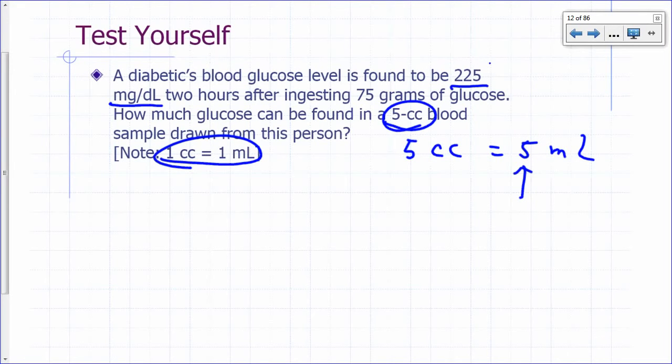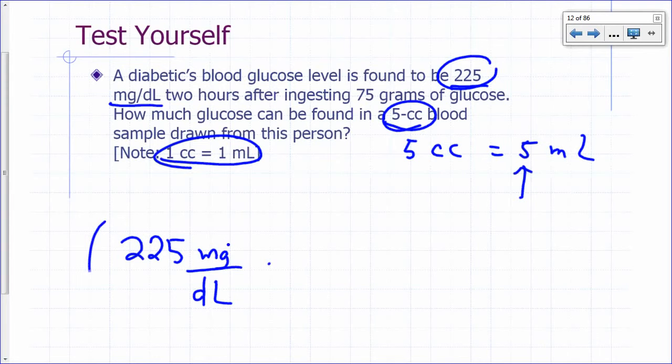So if your glucose level is 225 milligrams per deciliter, all you have to do is multiply that by deciliters. How many deciliters do you have to get the actual milligrams? We know we have 5 mils, so all we really have to do is change your 5 milliliters to deciliters.